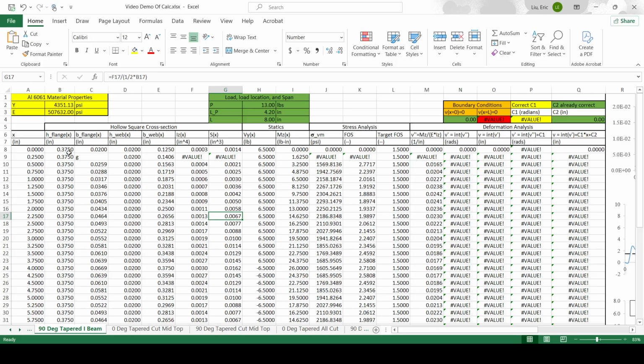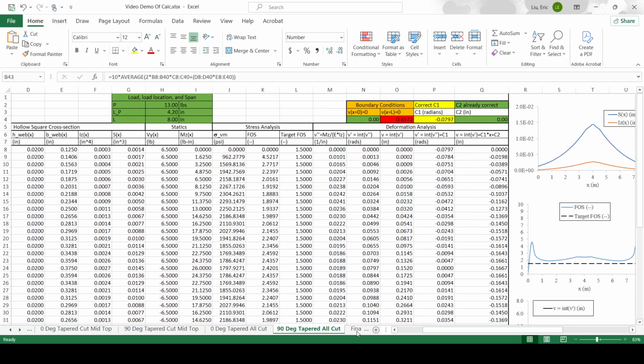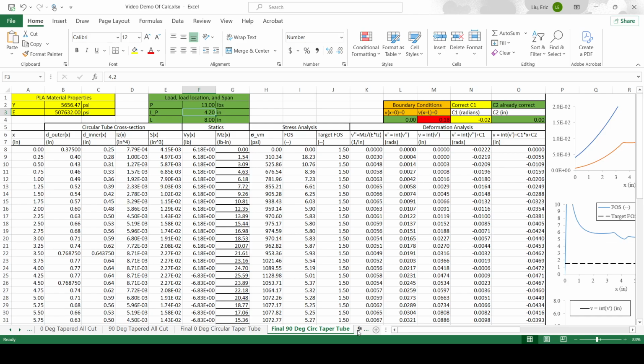The cross section, when it's rotated, will support the load differently compared to its original orientation. So that's why we had the design of 0 degrees and 90 degrees. But since we're on the circular cross section, it does not matter which way you rotate it, it will remain constant. Up here, I'll finally explain the three.